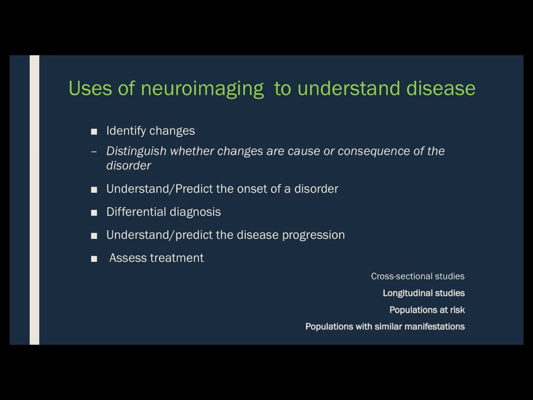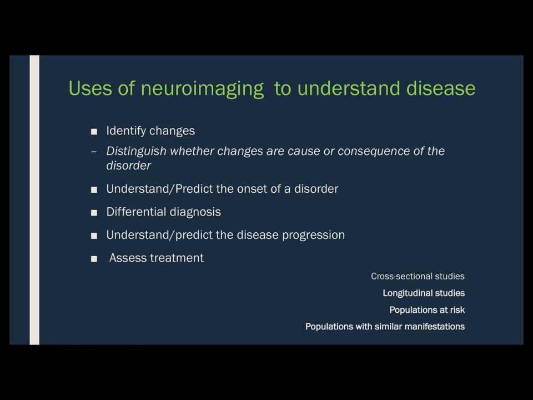We would like to do, as I said before, differential diagnosis. We want to understand how these metrics correlate with the clinical outcome, so we can see the disease progression, and then we would be able to evaluate if some disease modifier is useful or not, because we need to know what the progression is to see whether we can slow it down.